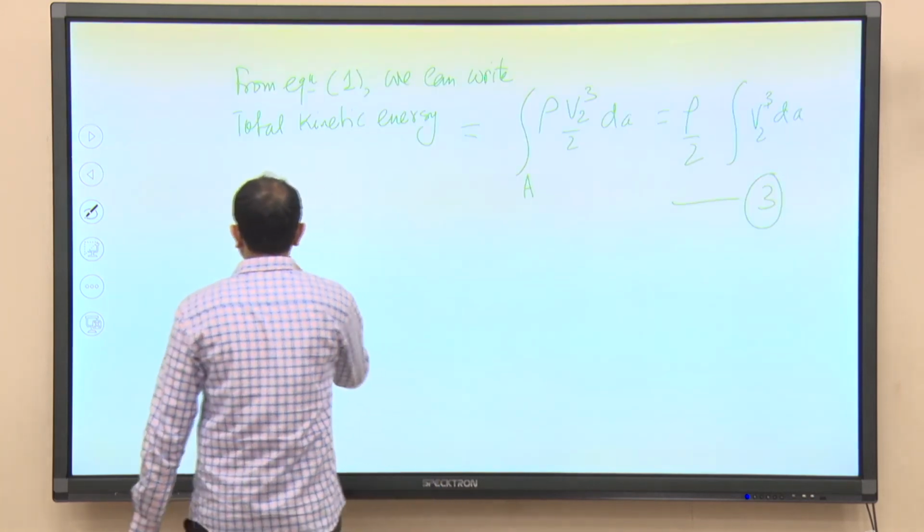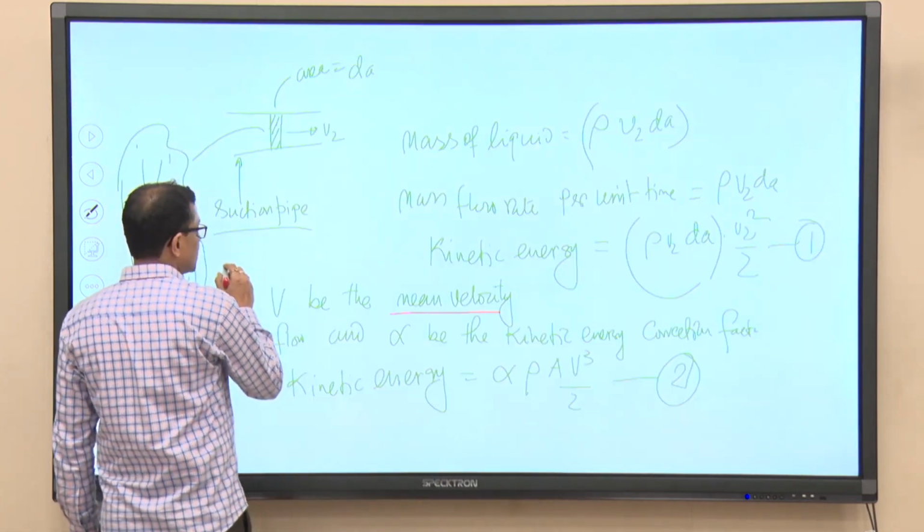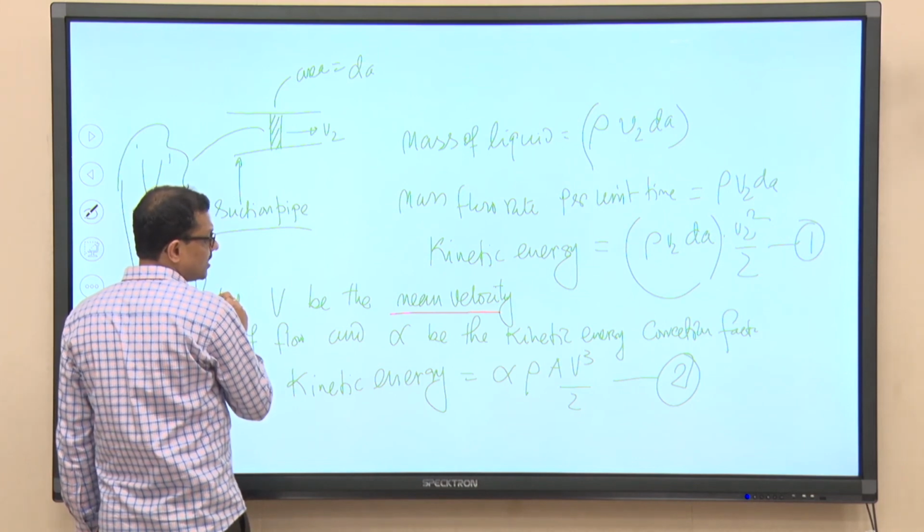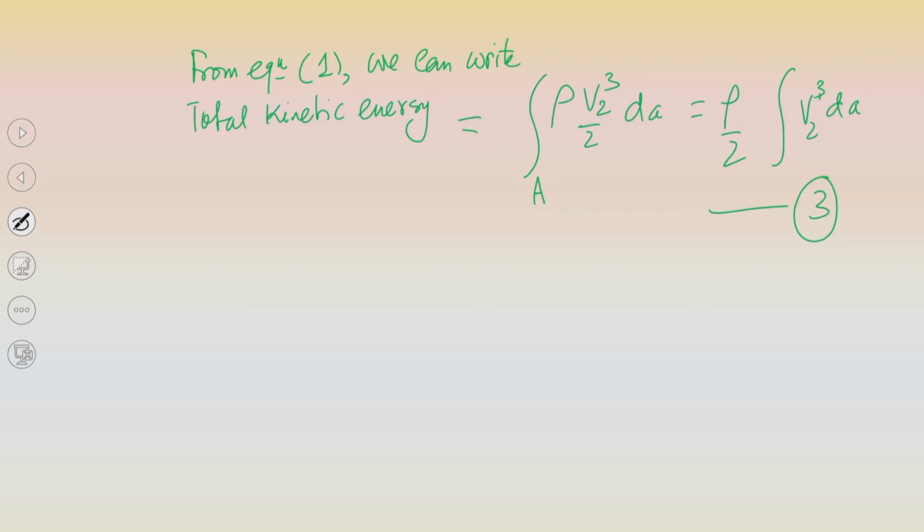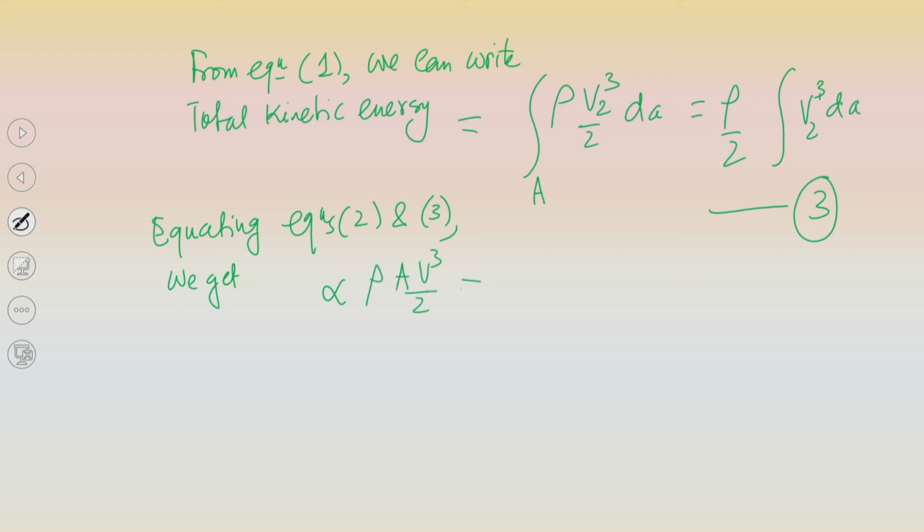Okay. Now, if we equate equations 2 and 3, we get alpha rho A V cube by 2 equal to rho by 2 integral of V2 cube dA.